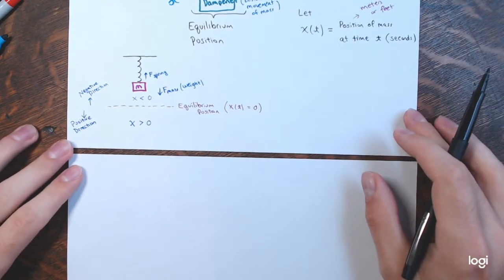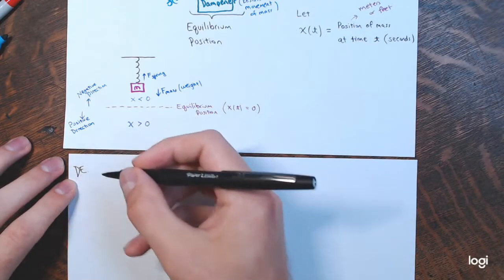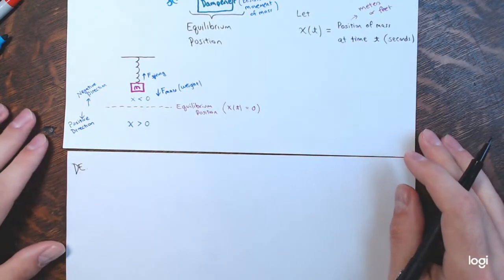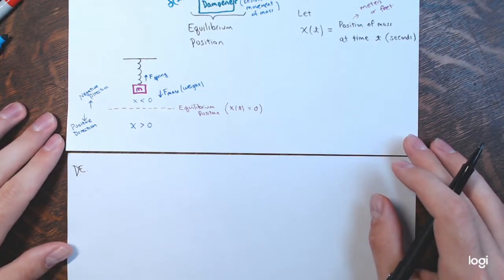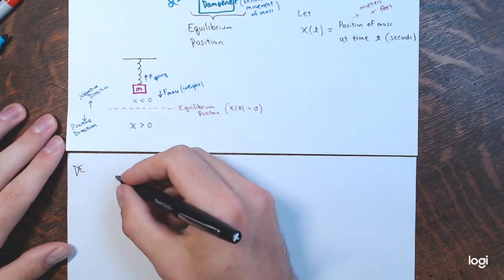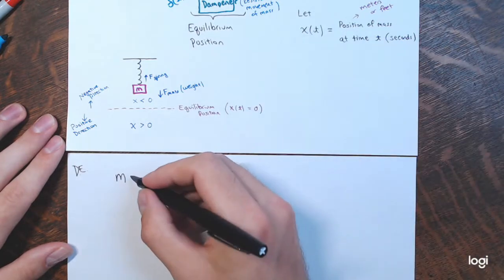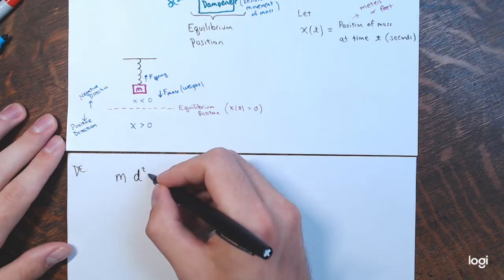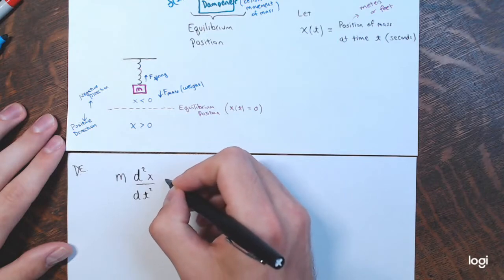Okay, so the differential equation that comes from this is just like in the previous two videos, where it's coming from Newton's second law of motion, that the net force acting upon an object is equal to its mass times its acceleration. So I have mass times the acceleration of this object, which, if x is representing position, then the second derivative of x with respect to time is the acceleration.